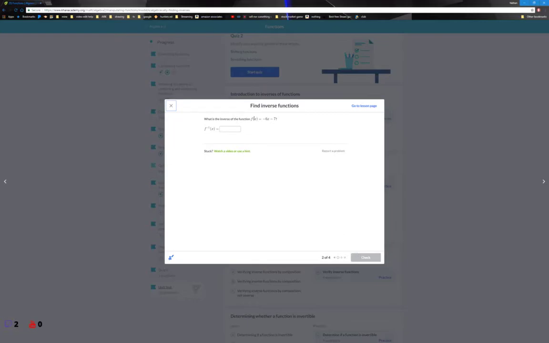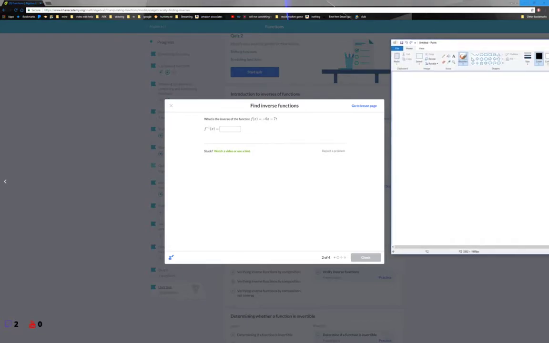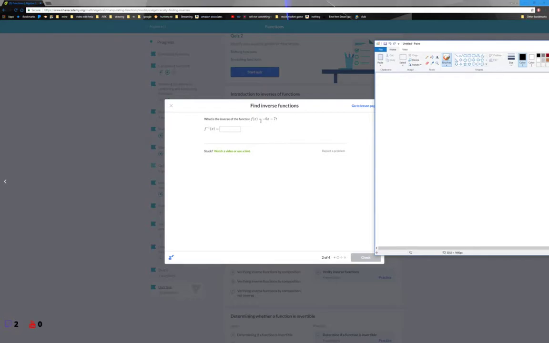Alright, so what is the inverse function of f of x equals negative 6x minus 7? We'll open up a new file, don't save. Alright, so we'll replace f of x with y equals negative 6x minus 7.